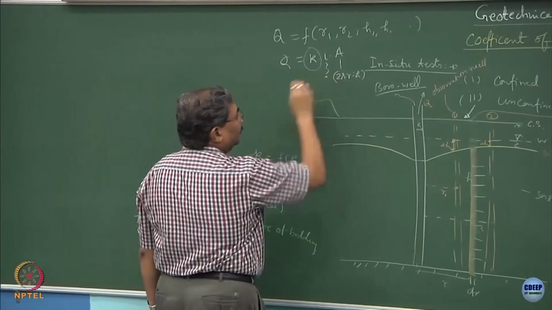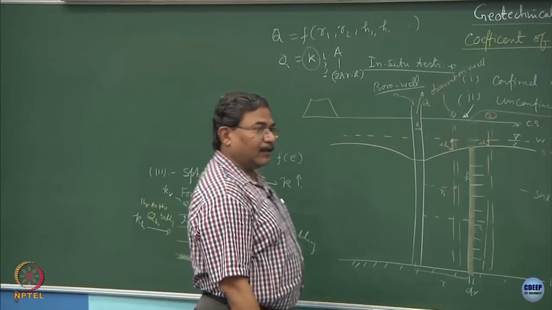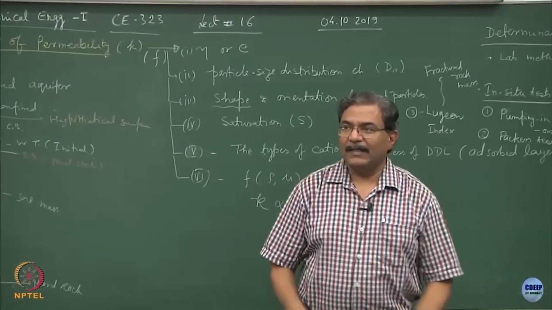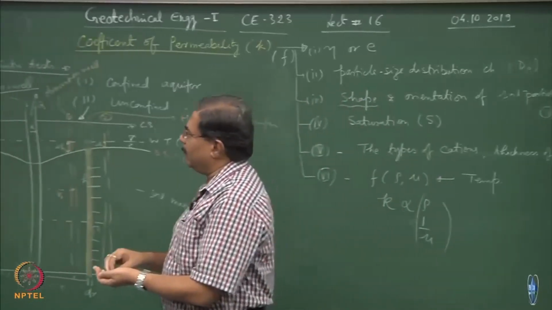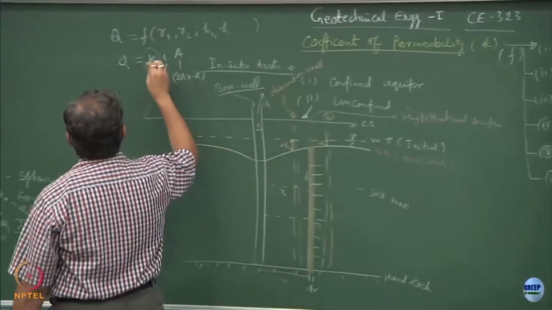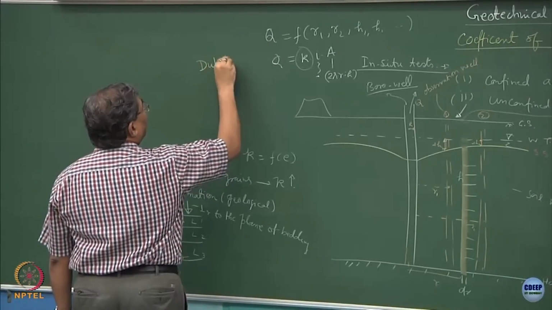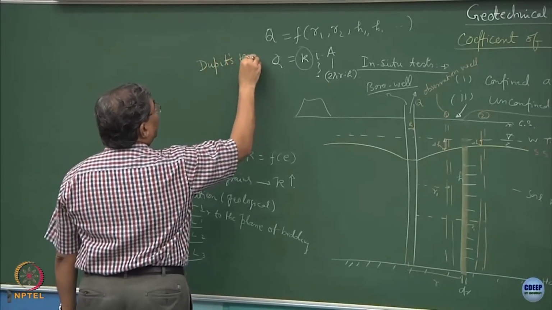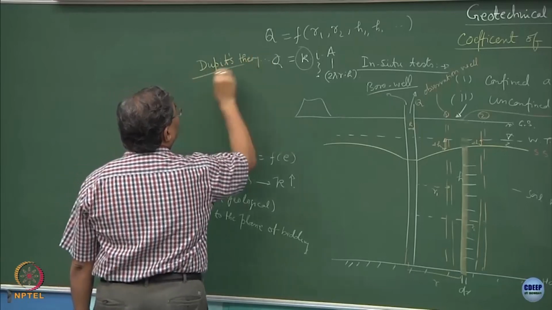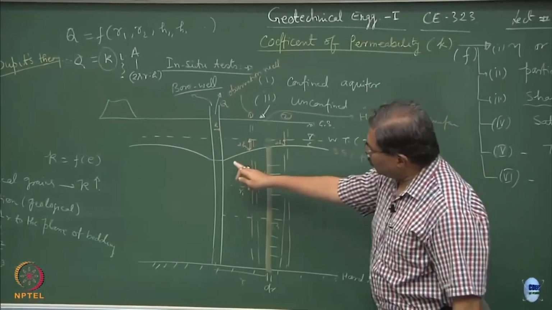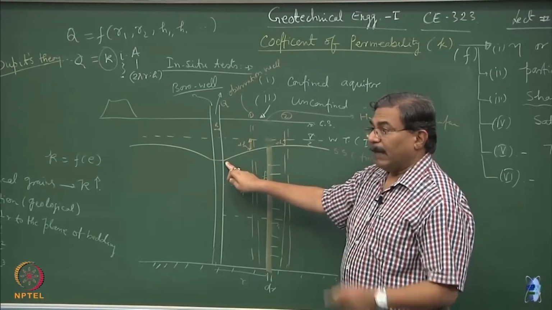What is I? Hydraulic gradient. Now, how would you find out the hydraulic gradient? This is where we have to take help of a theory which is known as Dupuit's theory. This is valid only very close to the wells.